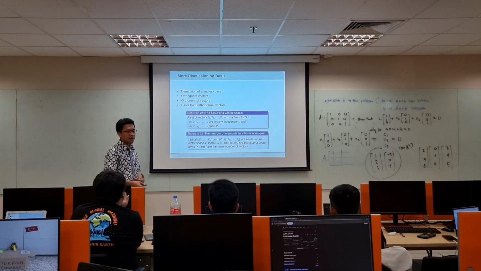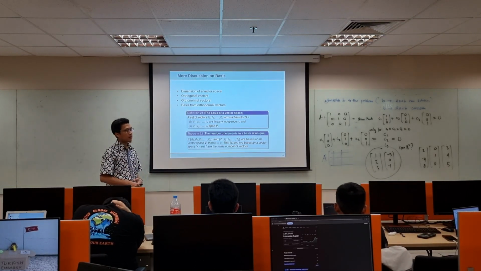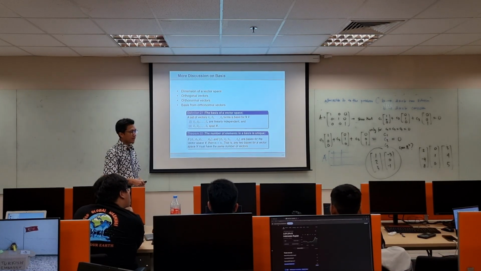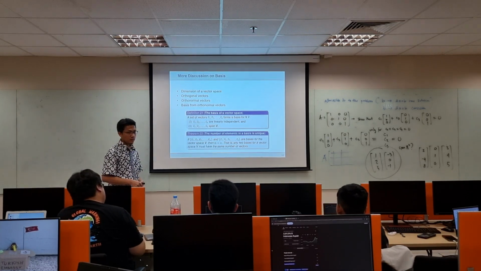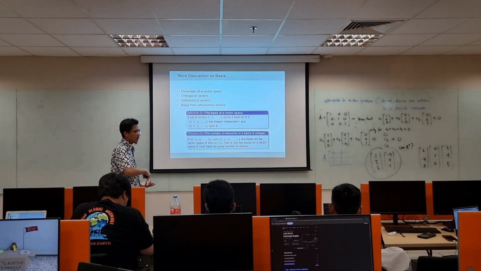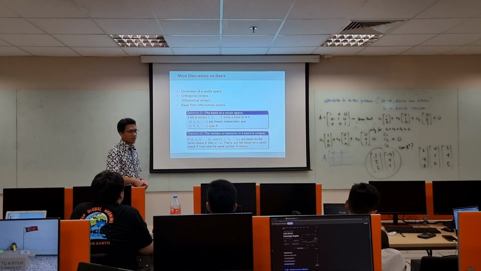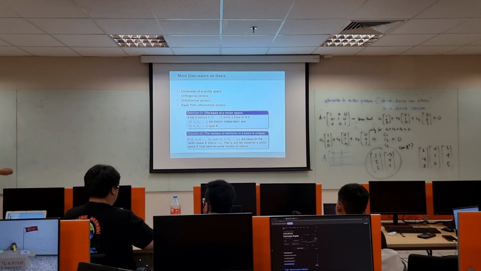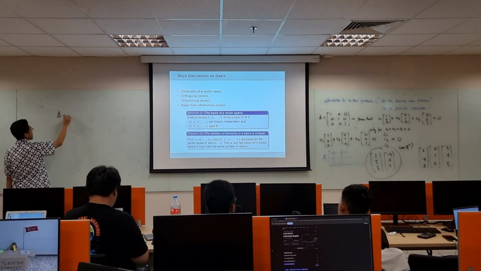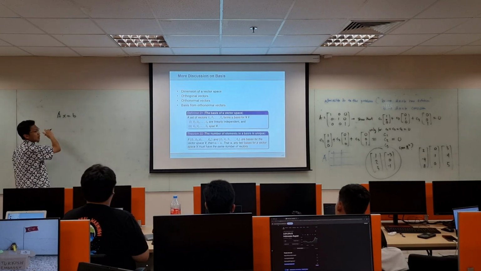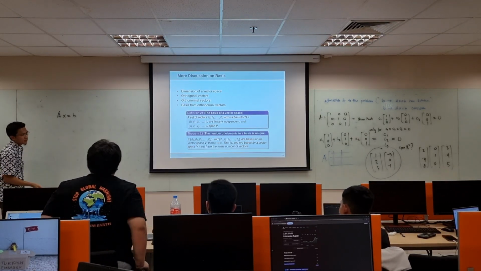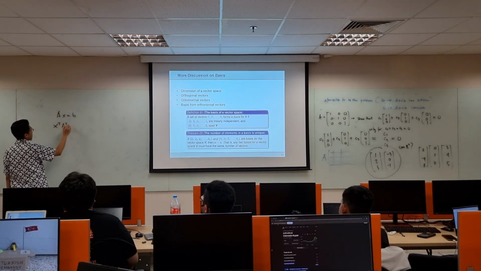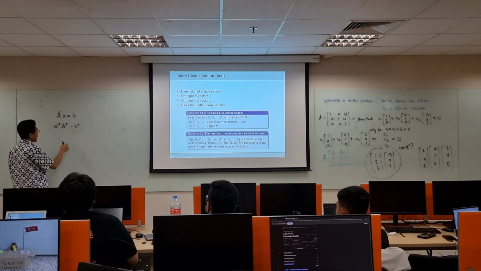You take a linear combination of your columns. But if you want to take a basis for a row, then you have to take a linear combination from the row. So it's like you are taking the transpose of your problem. In that case, this is the column-based basis. But for the row-based basis, you will have this. Then this is the row base.